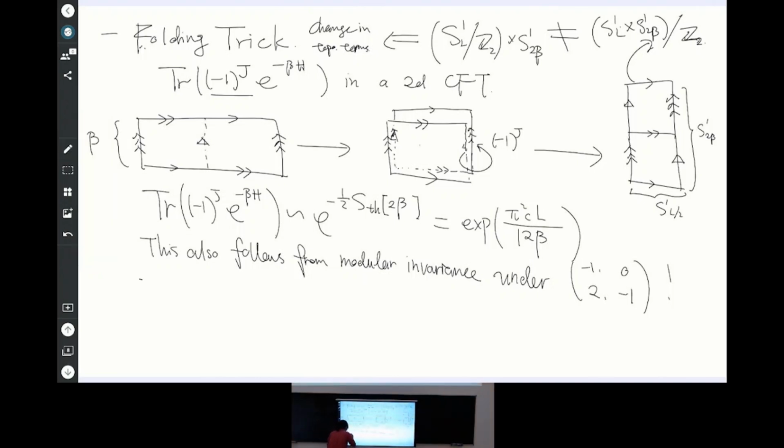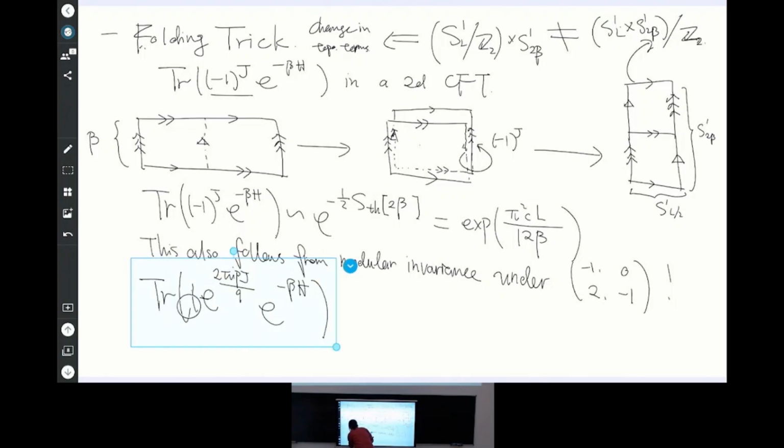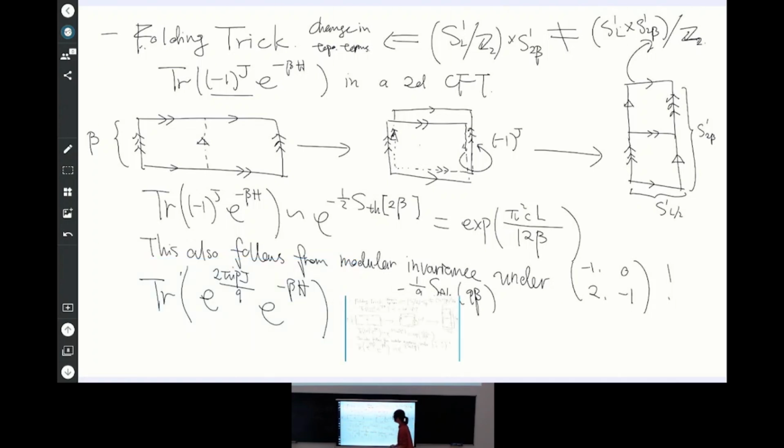I want to say that this will give me, all right. So much about 2D CFTs.